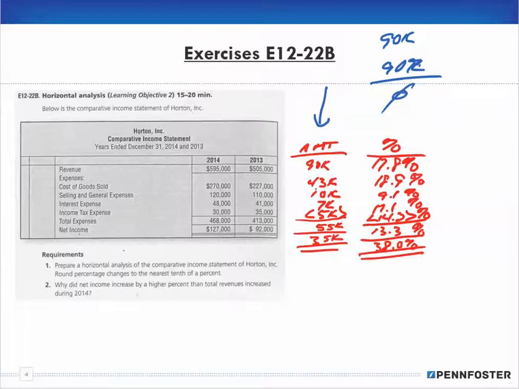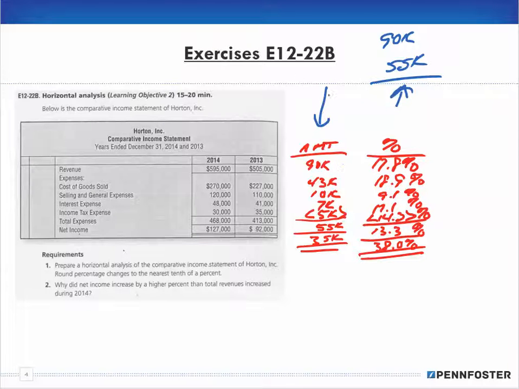But my expenses are only 55,000. Because my expenses are less, I had an increase in my net income.